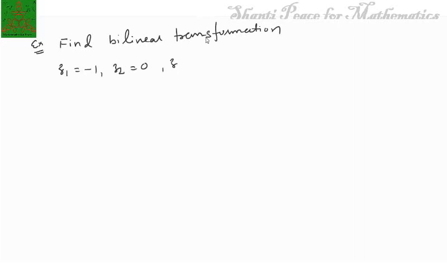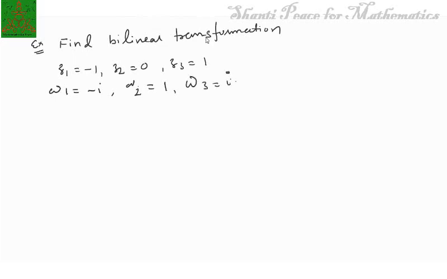So the example is: find the bilinear transformation which maps Z1 equal to -1, Z2 equal to 0 and Z3 equal to 1 onto W1 equal to -i, W2 equal to 1 and W3 equal to i.